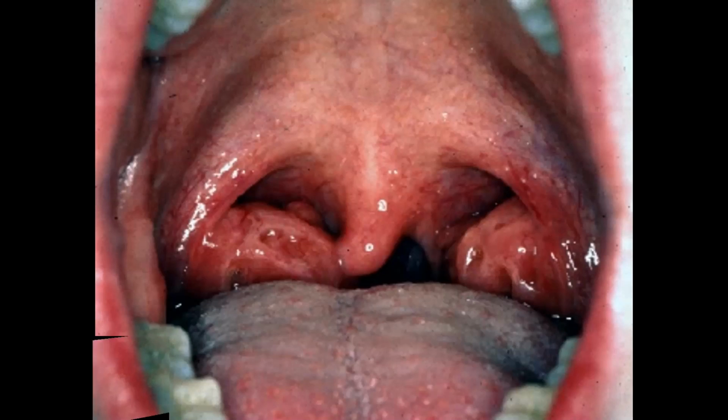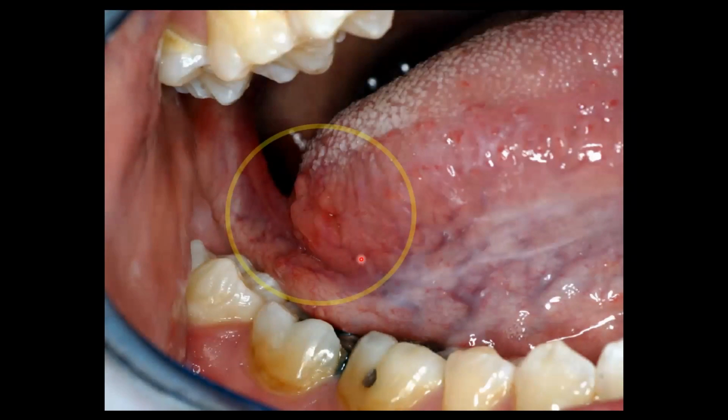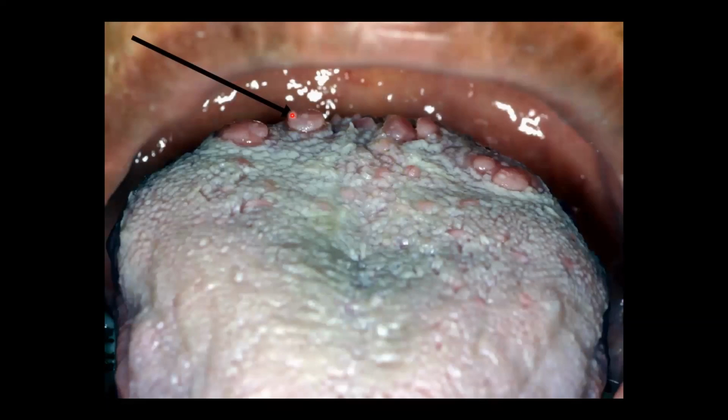I got a couple more, then we'll call it quits. Oh, yes. What about this? Abnormal. Normal. Which papilla on their lateral, posterior lateral? The foliates. Okay. What about those bumps?